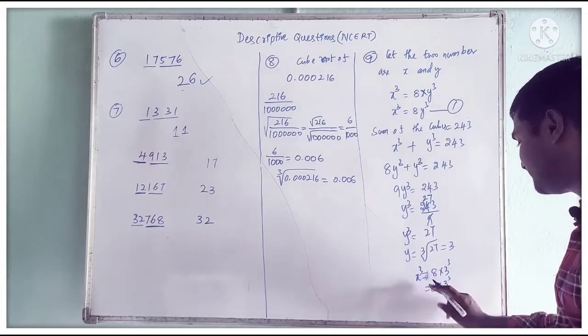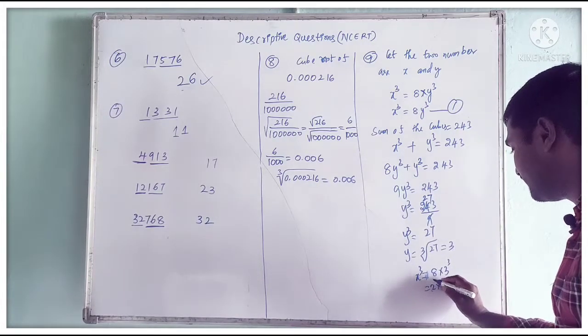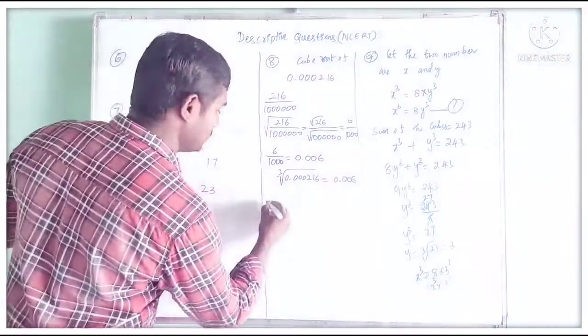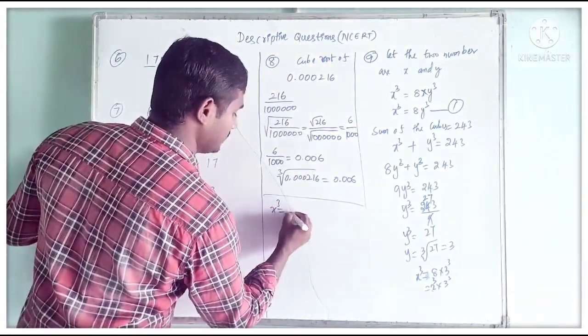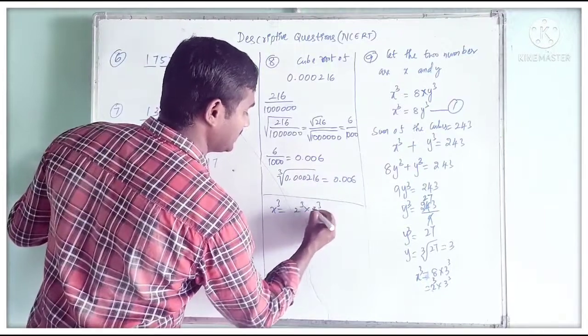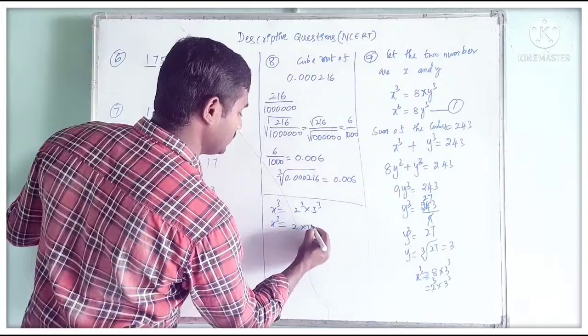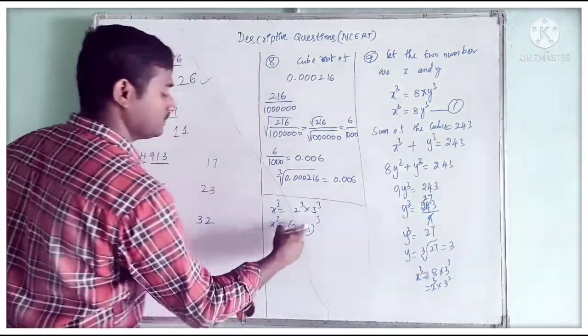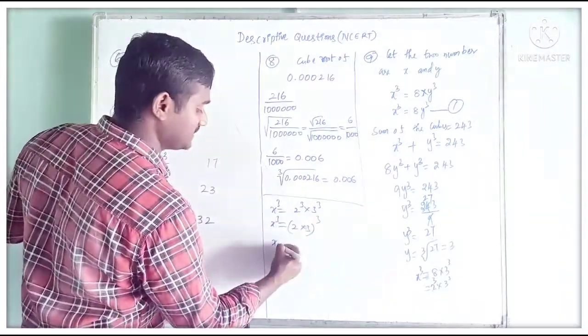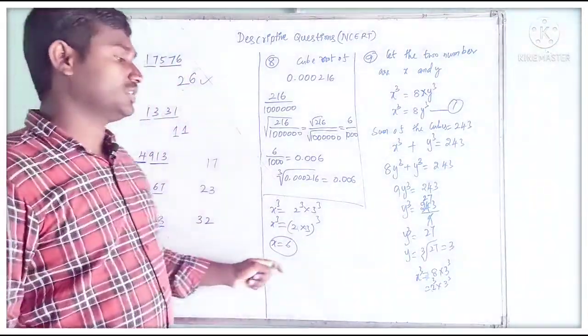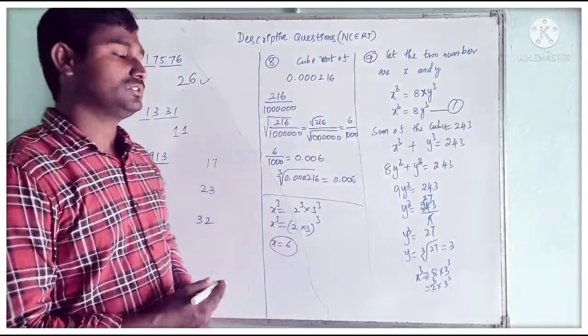This 8 we can write as 2 cube. So x cube equals 2 cube into 3 cube, that is 2 into 3 whole power 3. Since the powers are the same, the bases are equal. 2 threes are 6. So x is equal to 6 and y is equal to 3.